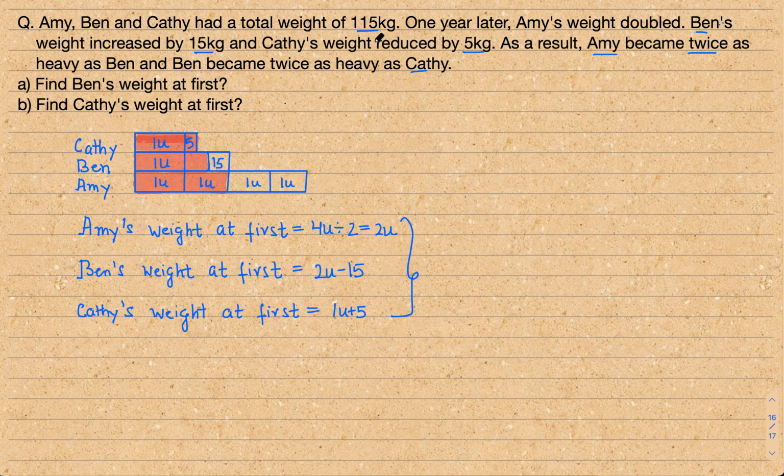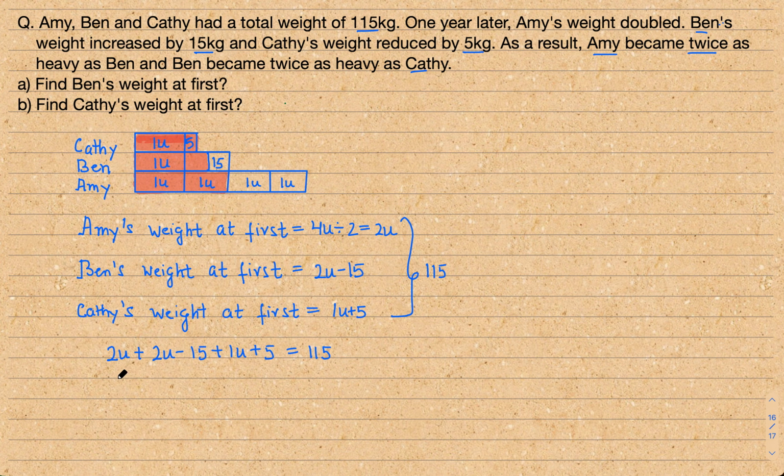All together, we know that at the start their total weight was 115. So that means 2 units plus 2 units minus 15 plus 1 unit plus 5 is equal to 115.